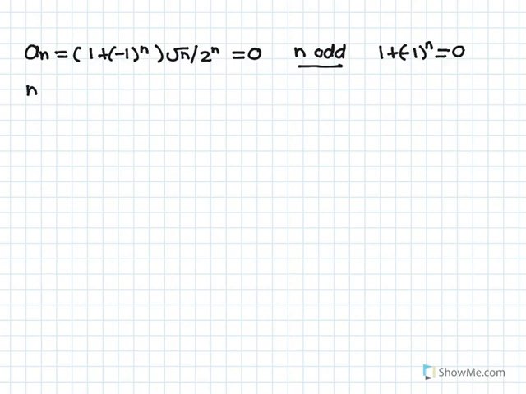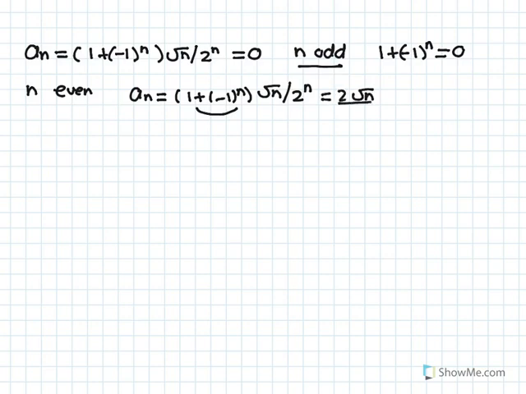And when n is an even integer, we get a_n is equal to 1 plus negative 1 to the n times root n divided by 2 to the n. But this part is going to be 1 plus 1 because negative 1 raised to an even integer will be plus 1. So we'll always have 2 root n divided by 2 to the n.